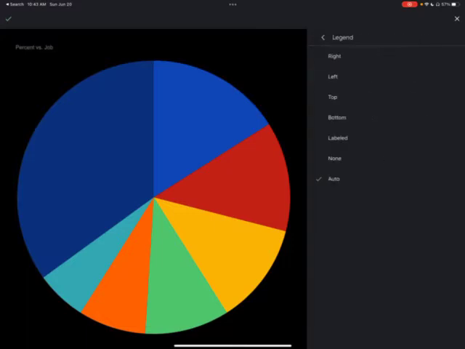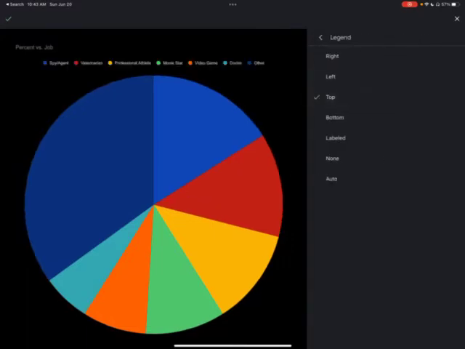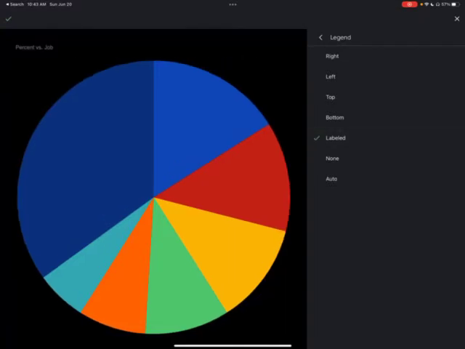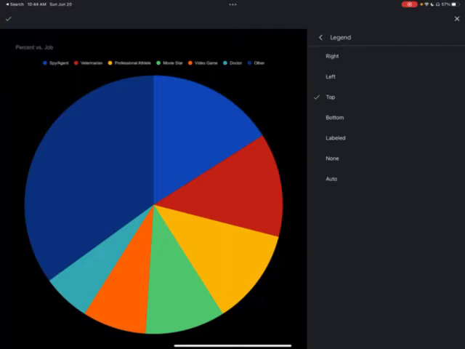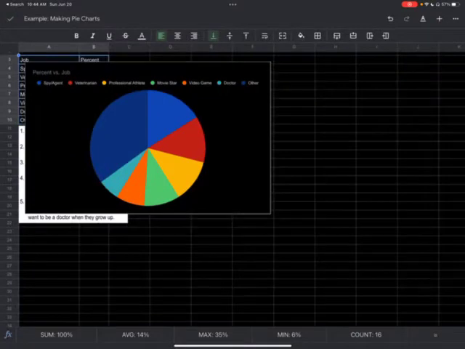Let's go ahead and see if we can add our legend. And let's see if we can label these things. At least we'll have that. And we'll hit the check mark just to take a look at it.